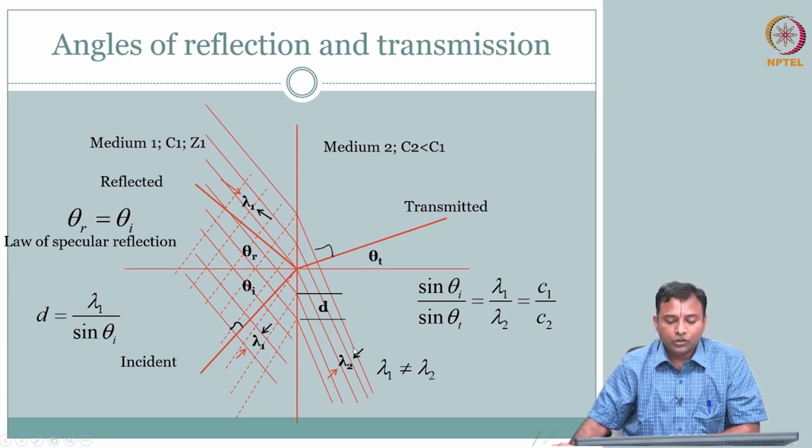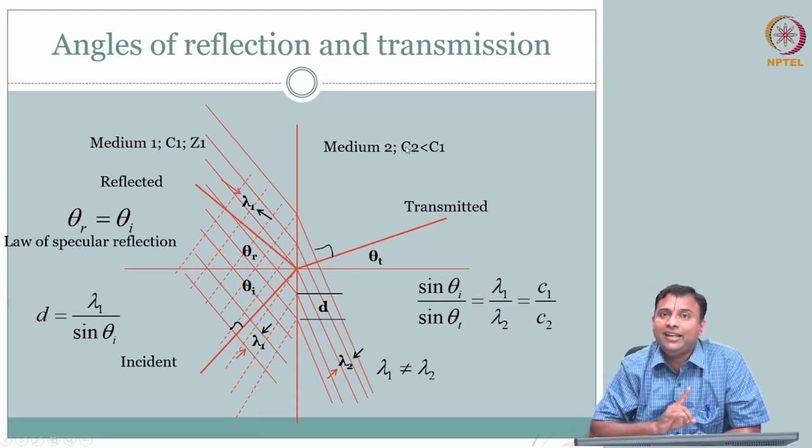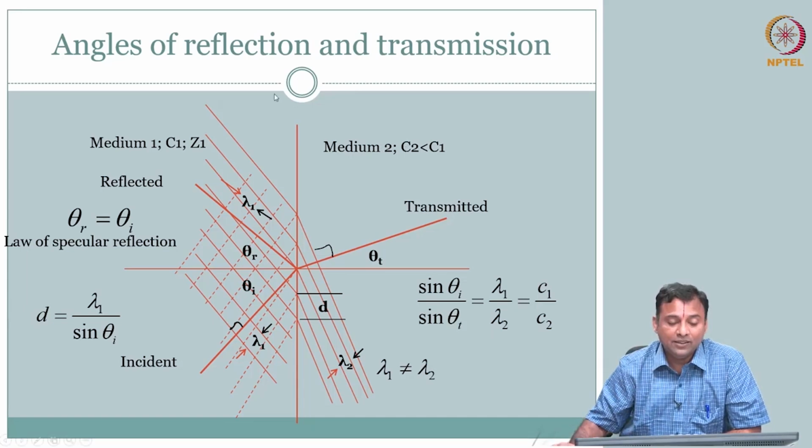Of course, your lambda 1 and lambda 2 are not the same, because these are two different mediums, correct? Same frequency, this is C1, this is C2, therefore the lambdas have to be different. C is equal to f lambda, remember: if f is the same and C is different, lambda will be different.